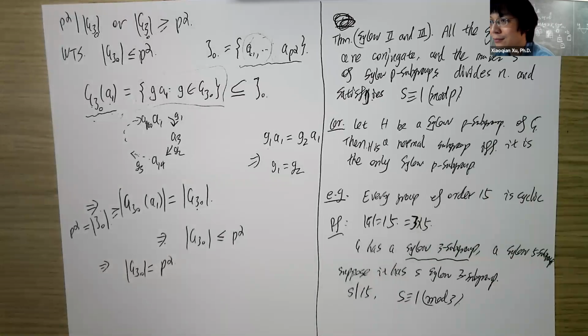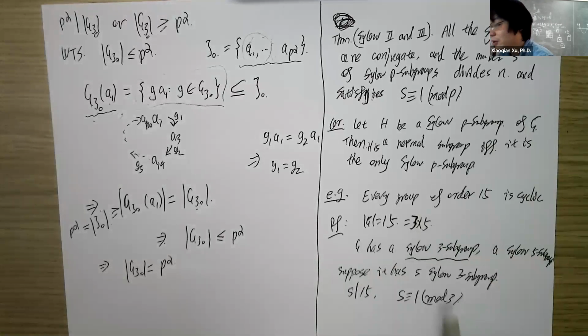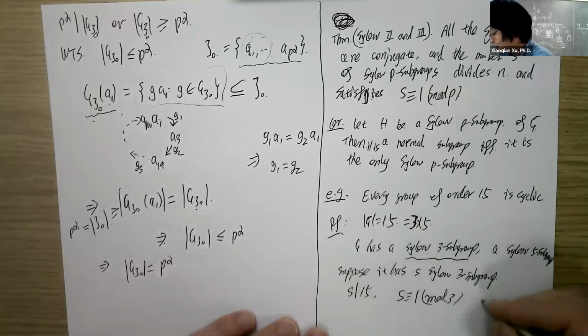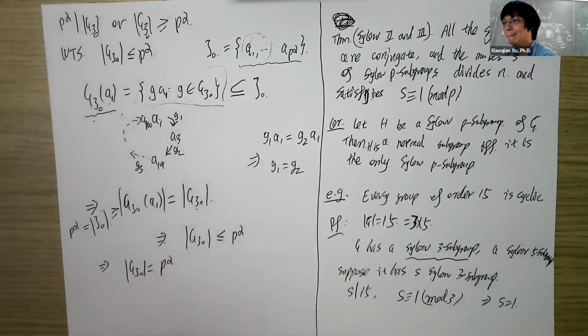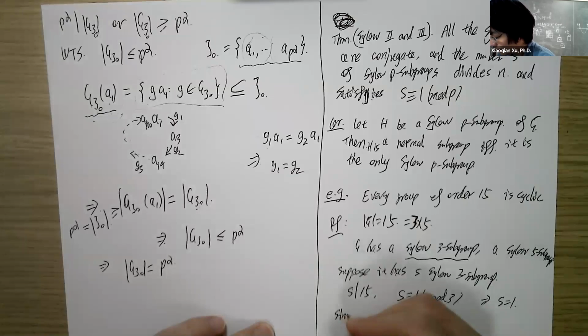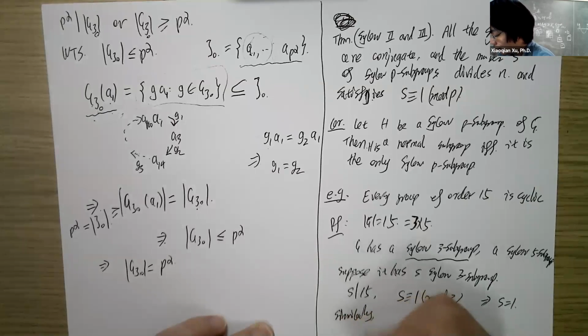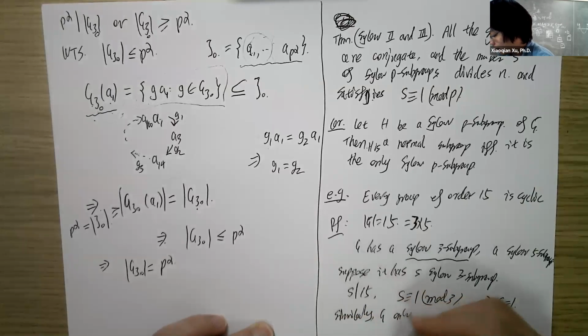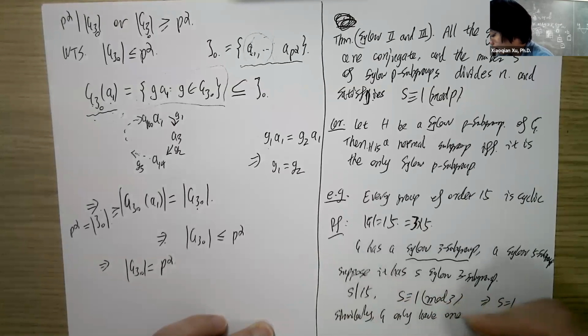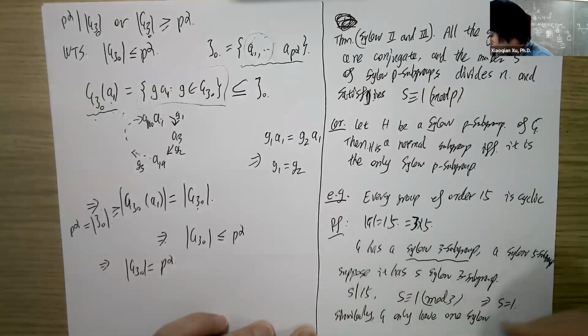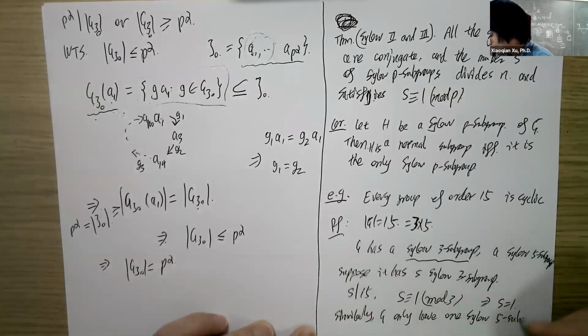Among them, which one is 1 mod 3? Well, it's only 1, right? So S equals 1. Similarly, G only has 1 Sylow 5 subgroup.